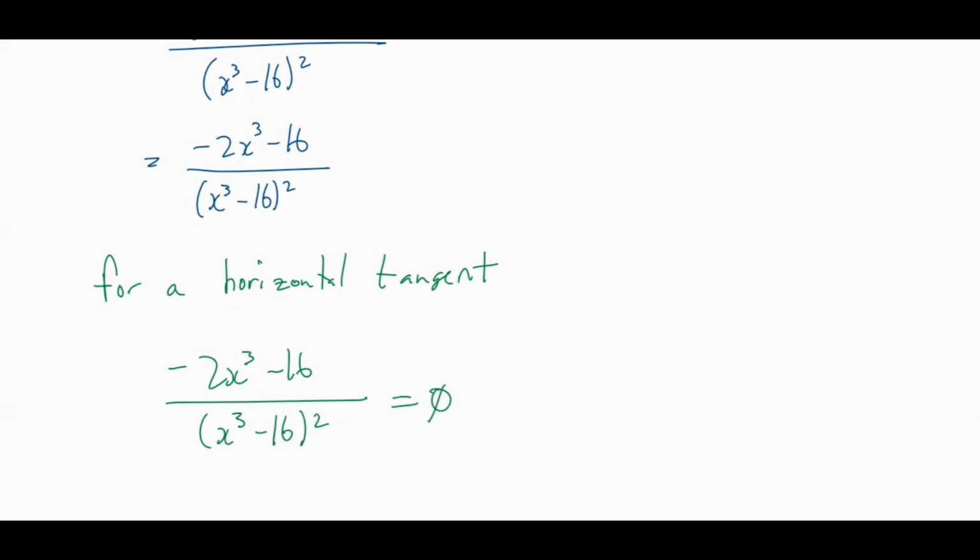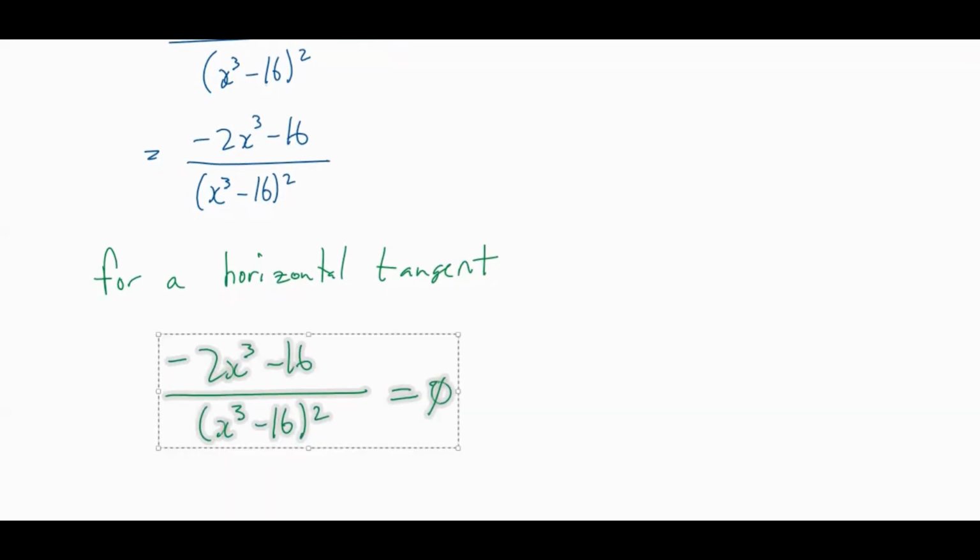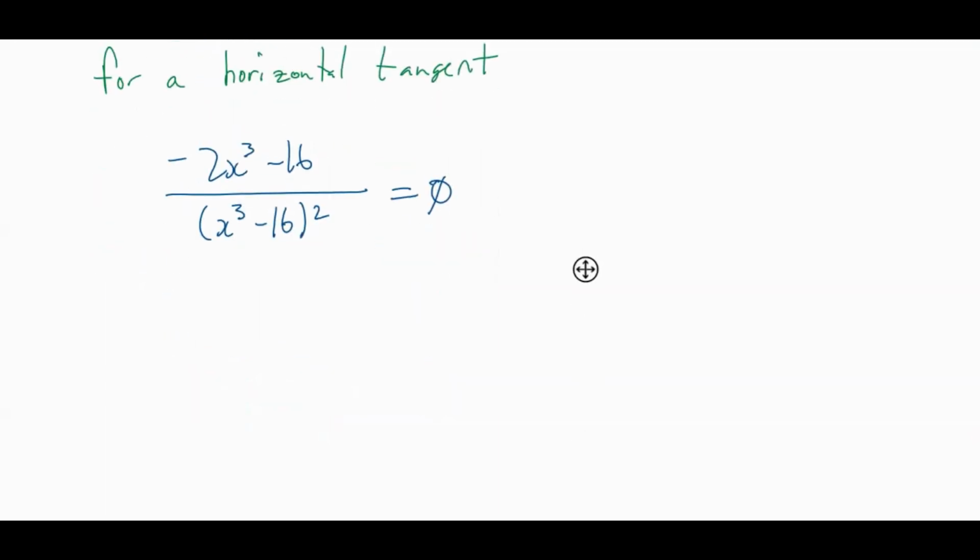And this is something that we do a lot of. You're going to get very used to it. This is a heads up of what's coming in the rest of this course. We set a lot of things equal to 0. But in a question like this, it could have said when the slope is equal to 2 or something like that. It could have given us any slope. It happened to say horizontal for this question.